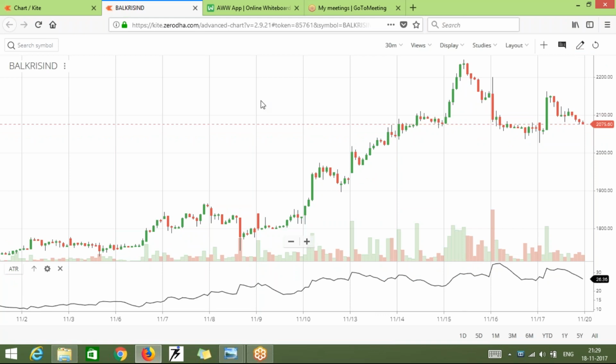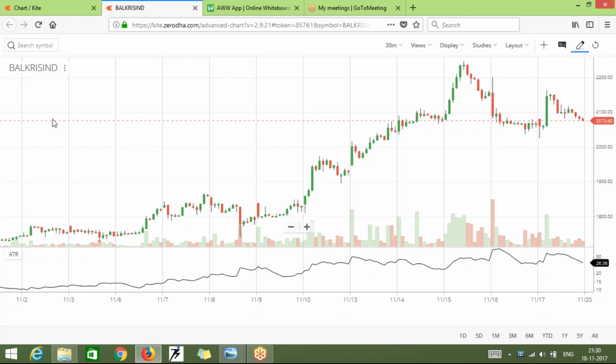ATR is not something which gives you a trading signal. It doesn't tell you to buy or sell. It tells you towards which point you need to place your SL. Be it your buy trade or sell trade, it tells you the point to keep SL after calculating how many points you can keep your SL.